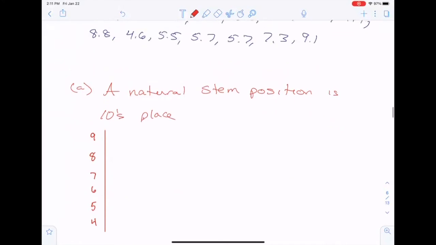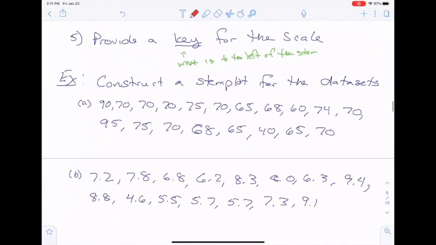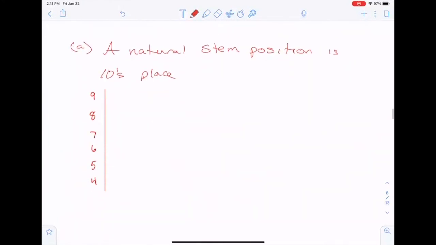So if we start filling it in, I'm not going to keep looking up and down, but what I would do is look at our data set. If you want to, pause this video and go back to it or look at the notes we have elsewhere in Blackboard. I'll just start putting these in the order in which they appear. And this is what we mean by having unsorted data at first.